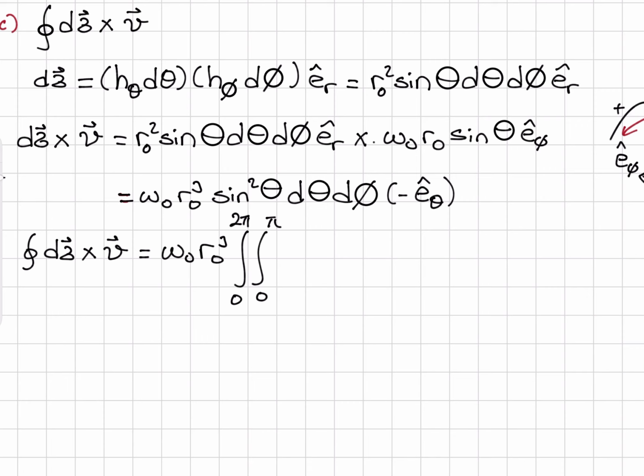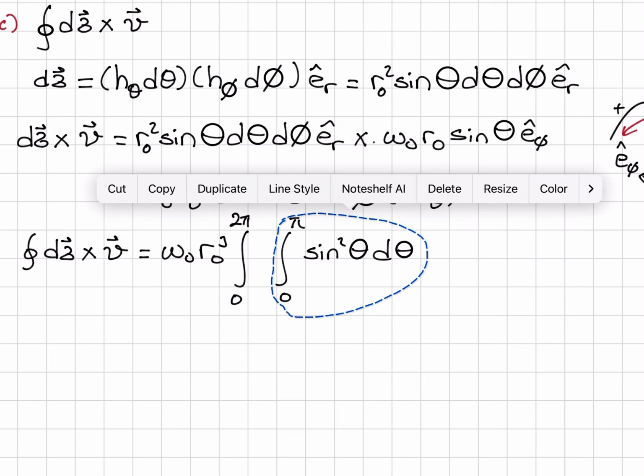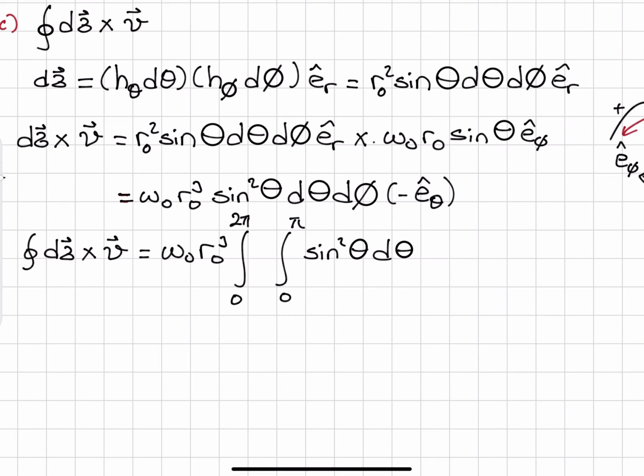So this is going to be now sine square theta d theta, and this integral is what I have to calculate for the theta part. And here I have a d phi integral, and the whole thing will be in minus e theta hat direction.